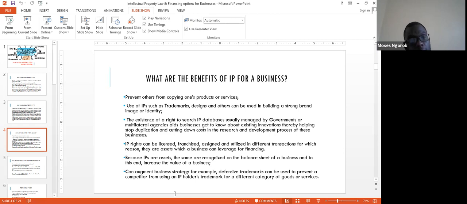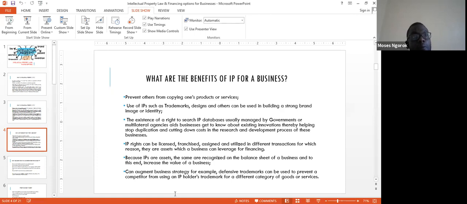The other thing is intellectual property is also recognized as an asset, so it can actually increase the valuation of your business, especially now for us that are planning to pitch to investors at the end of this month.